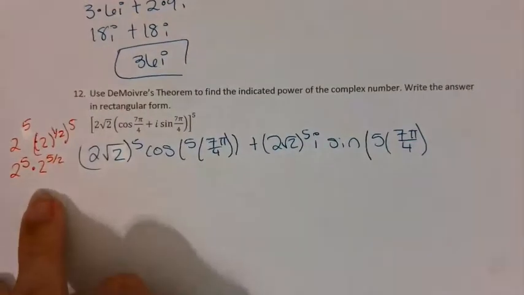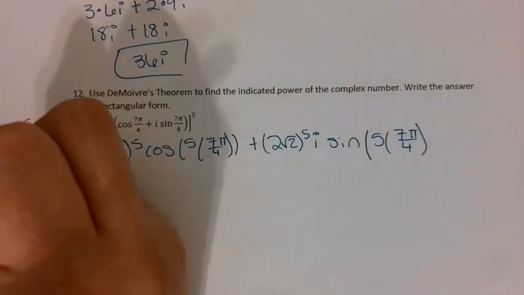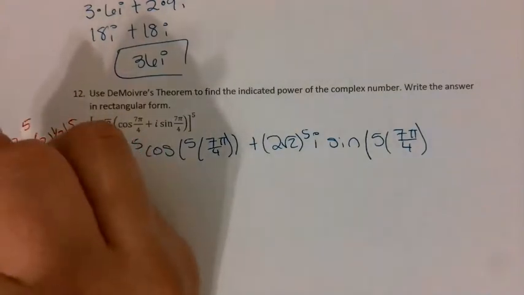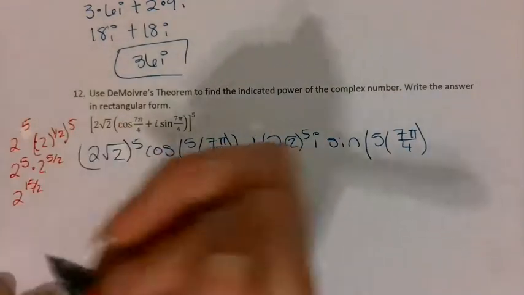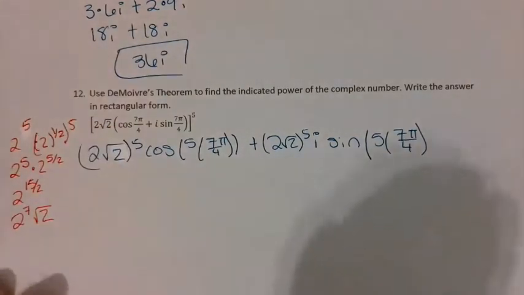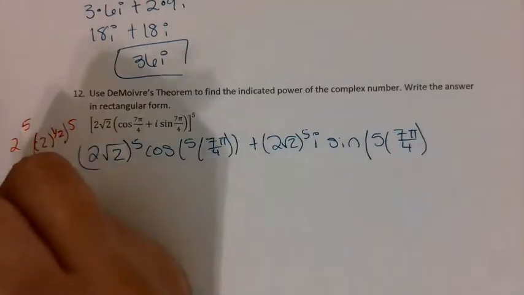If I add my exponents, I get 2 to the 15/2, which would be 7.5. So I have 2 to the 7 square root of 2. 2 to the 7 is 128. So I have 128 square root of 2.